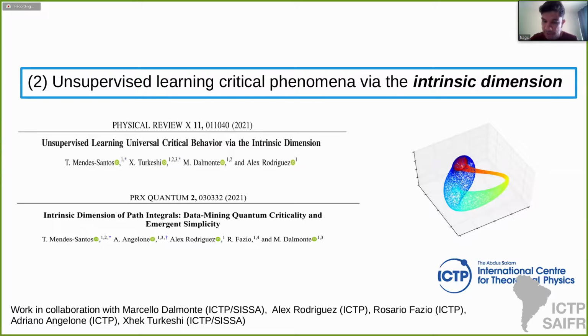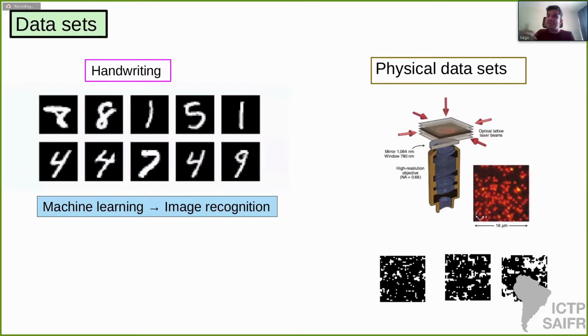All right. So the first thing that I will try to do is to give you an idea of what this intrinsic dimension is. When you talk about machine learning, usually we start by talking about data sets. Machine learning are techniques to deal with large data sets.